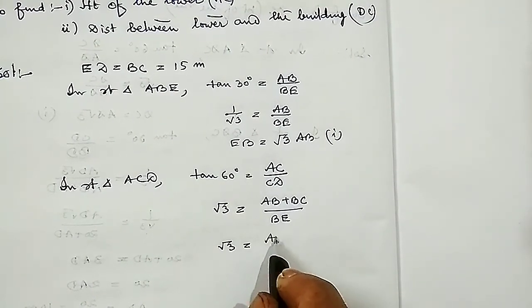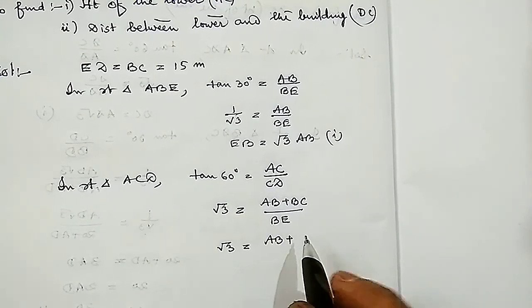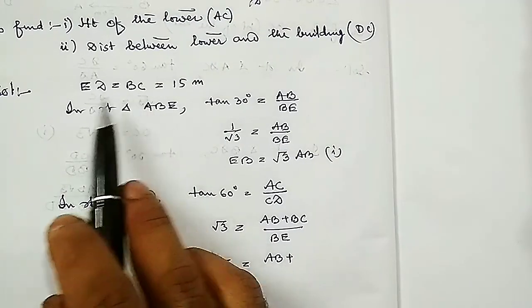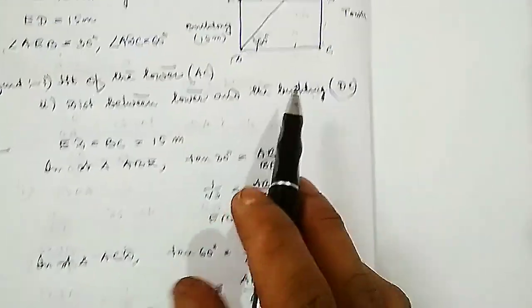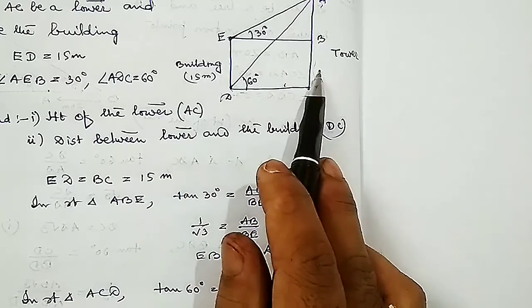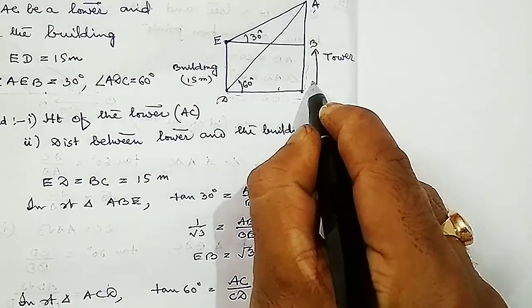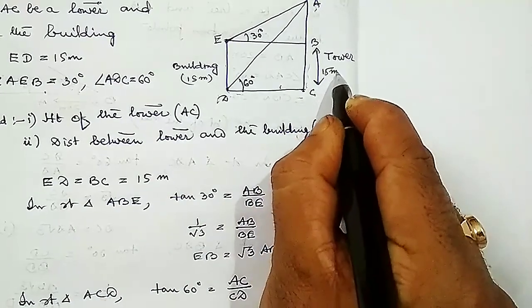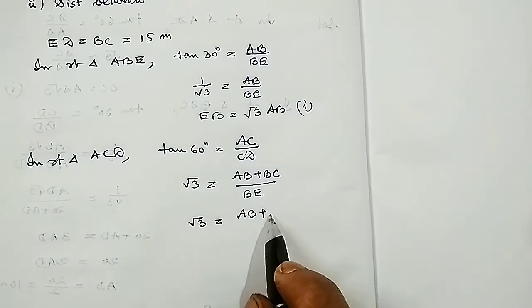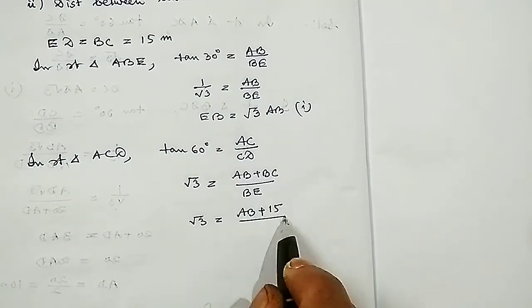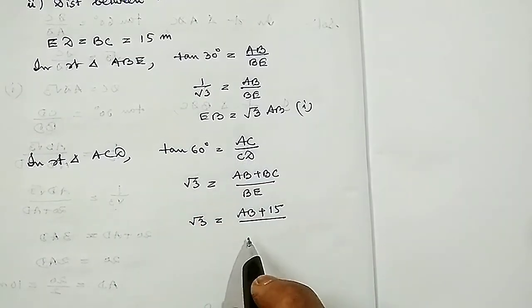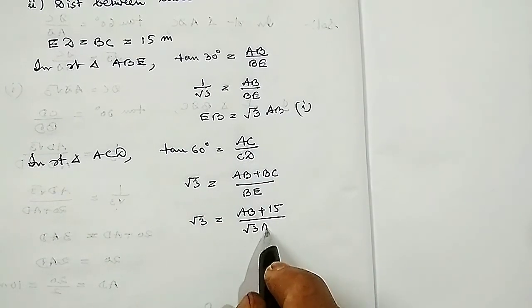AB, we don't know. BC is how much? Because already I have written here BC equals ED equals 15. Because if this part is 15, this part also will be 15. So I am writing 15 instead of BC. And we know EB equals √3 AB, so I am writing here √3 AB.